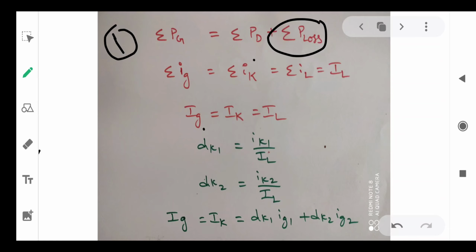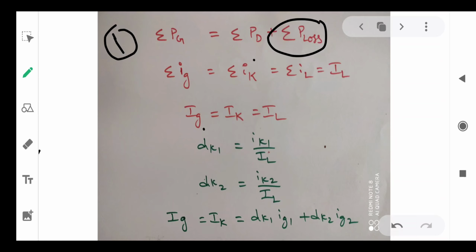Here there are two generators, generator 1 and 2, which each will inject Ig1 and Ig2 currents. In terms of generated currents it is very easy to analyze, and hence instead of transmission line currents I will use the generator currents with the distribution current factors.